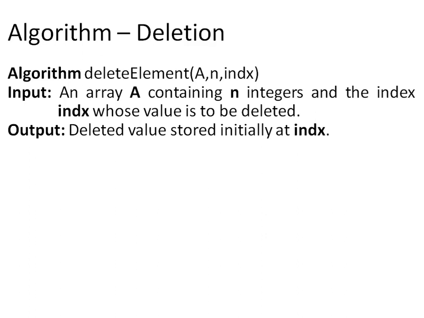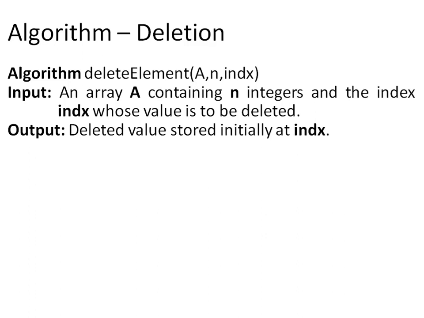Finally, the last algorithm for today's session is for deletion. The algorithm named delete element will delete the element at index idx from the array A having n elements. In the output, the algorithm will return the deleted element after successfully deleting it from the array.